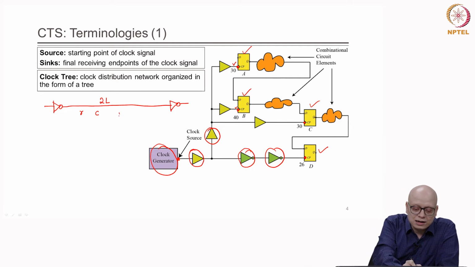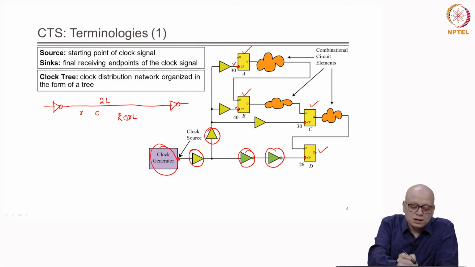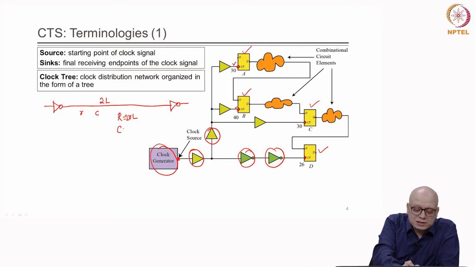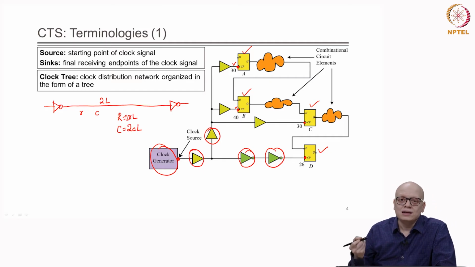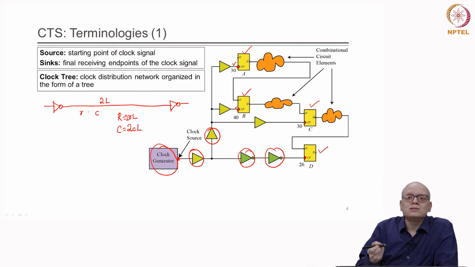The resistance R can be given as small r, resistance per unit length, times 2L. So, we can write 2rL, that is the resistance, and what is the capacitance? Again 2cL, c is the capacitance per unit length and 2L is the total length of this wire. Now, as a first approximation, what will be the delay of this interconnect?